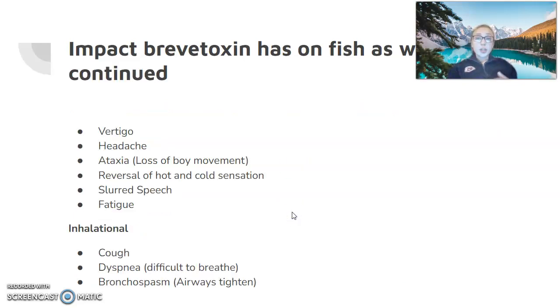Continuing, vertigo, headache, ataxia, which is a loss of body movement, reversal of hot and cold sensation, slurred speech, and fatigue. I'm sorry about the typo. I'll fix that. Inhalational: cough, dyspnea, which means it's basically difficult to breathe, and bronchospasm, which means your airways tighten up.